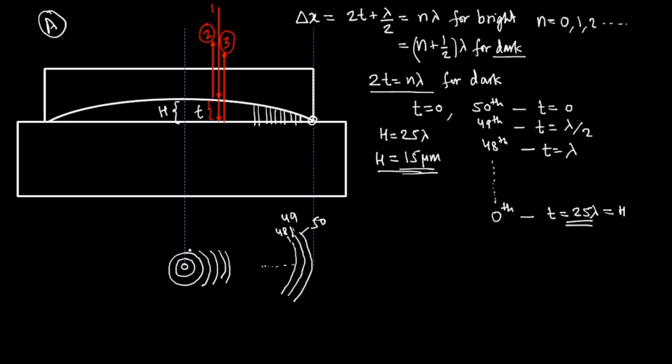Now let us draw the radius from the center of curvature of the upper lens surface. We know this radius is R. Let us call the radius of the 50th dark fringe small r, and here this will be R minus h.